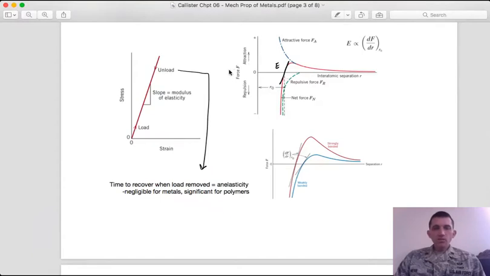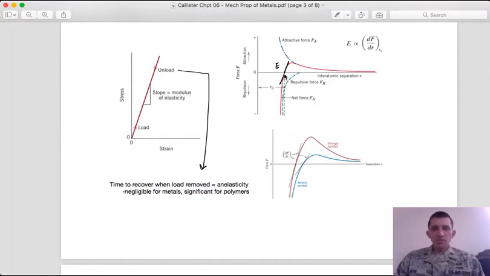And so we're talking about force in this scenario, and when we look at a stress-strain curve, we're also talking about force in the stress. We have force per area. And so what's the link between these two? Well, when you apply a stress to a material, you're pulling on all of these atoms that are bonded by these attractive forces and held in place also by the repulsive force.